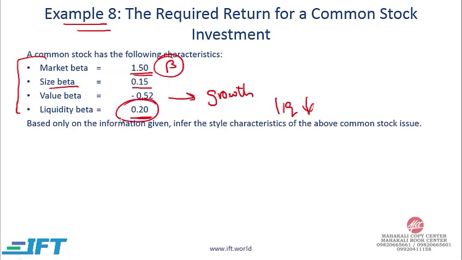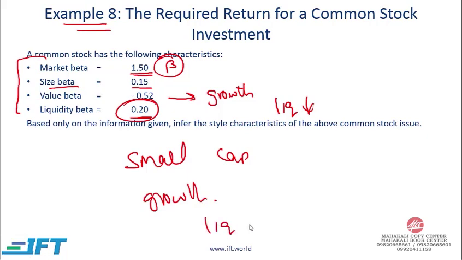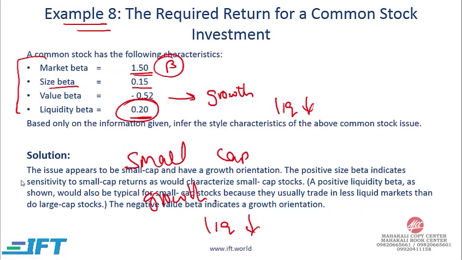That's why we know that a positive liquidity beta must mean that the stock is relatively less liquid. So to summarize, this appears to be a small cap stock with a growth orientation, and the liquidity is relatively low. And this is what the curriculum has to say.